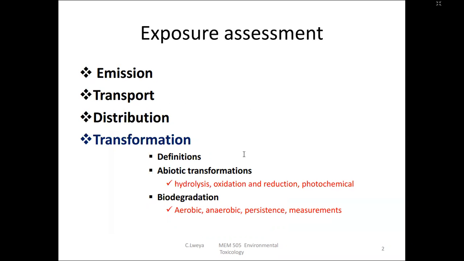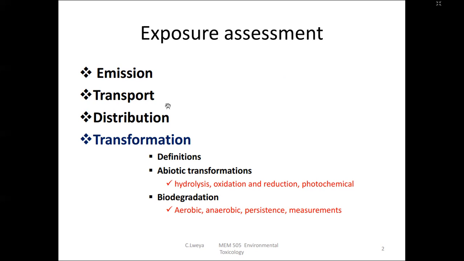And among them, there are 4 important processes, because in that question, it was really requiring us to indicate the biotic processes as well as the abiotic processes. Among the abiotic processes that we are really going to look at are these 4.